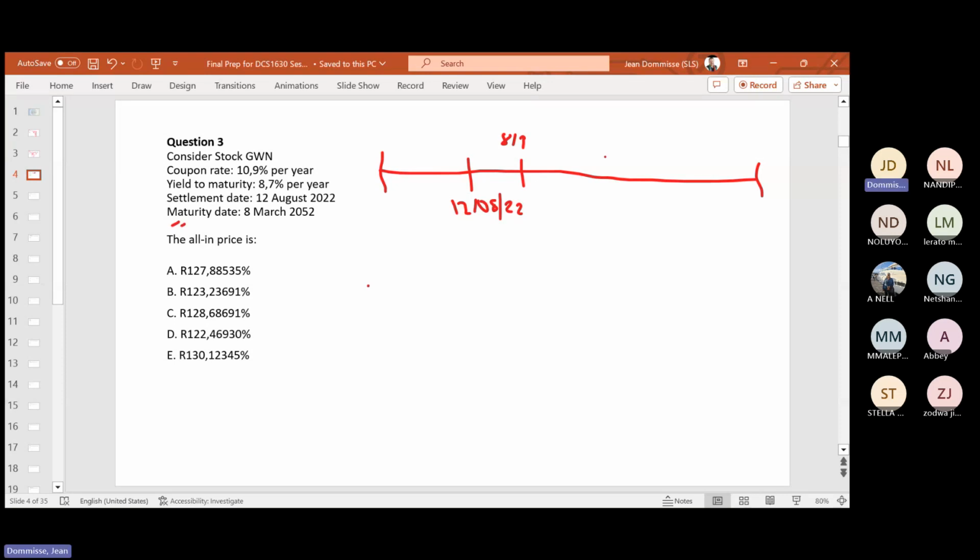So we will have one that is sitting here at 8 March 23. But then we're sitting here with one at 8 September 22. And then let's make this one the last one, 8 March 52.